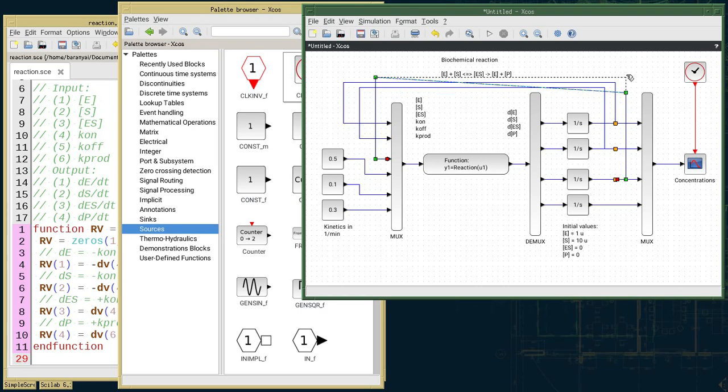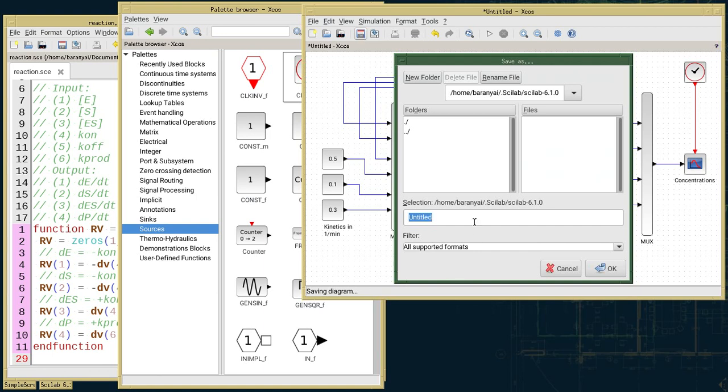I don't like very much when lines are crossing each other, but if you move your mouse over it, you can see how they are connected. Maybe this text I can make it smaller a little bit, and then I will have enough space there. So this is the biochemical reaction. It is ready. Before doing anything, I save it for sure.